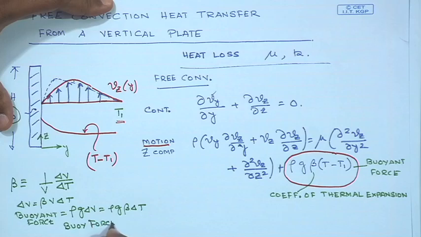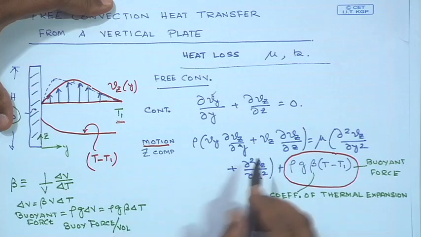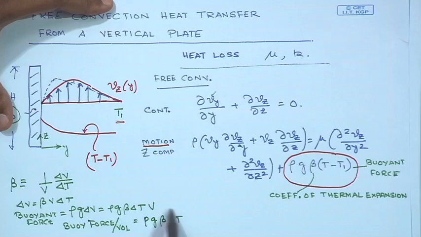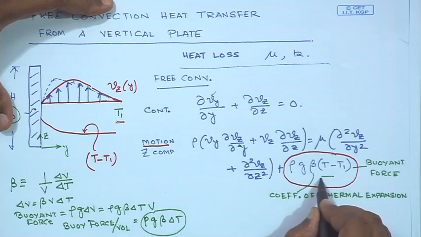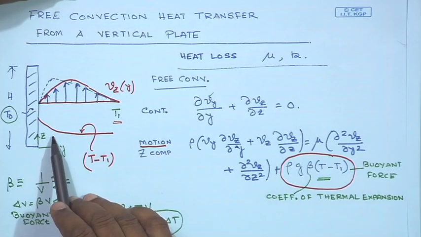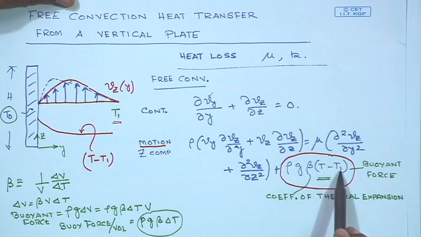per unit volume, which is how everything in the equation of motion is expressed. So, the buoyant force per unit volume would simply be equal to rho g beta delta T. This is the form of the buoyant force per unit volume which is used here, because unlike gravity, the motion here is sustained by a change in temperature.